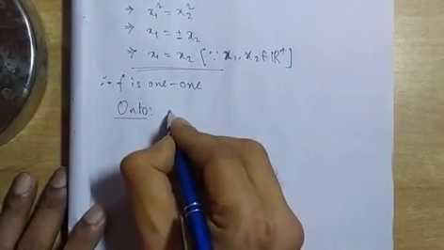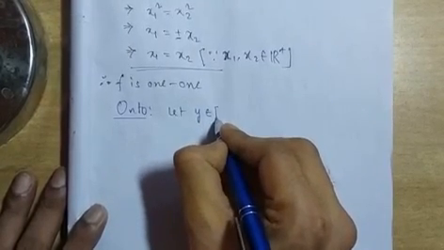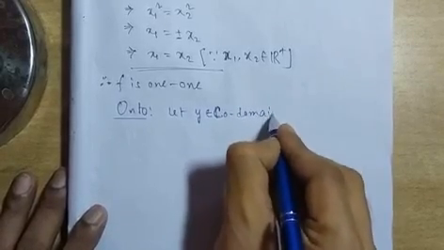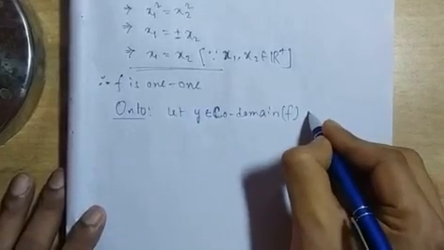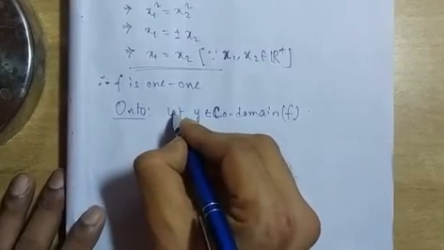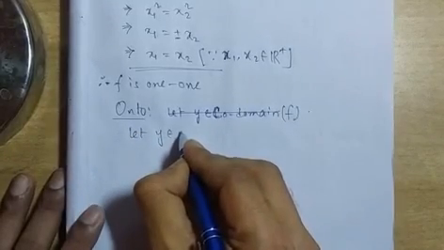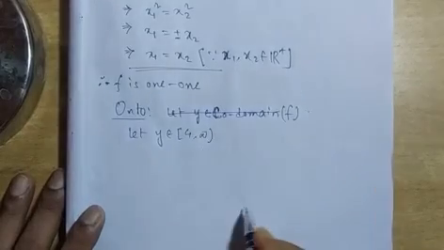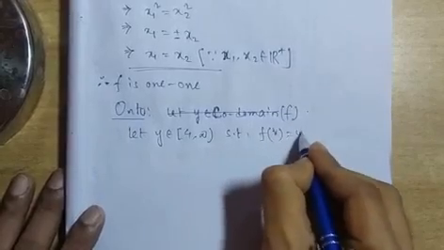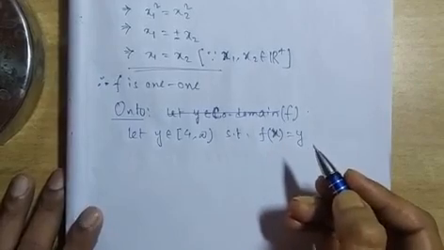We have to take some y from the codomain of f, or we can write directly, say let y belong to [4, infinity) such that y equals f(x). So if we can find this x, then it will be onto.